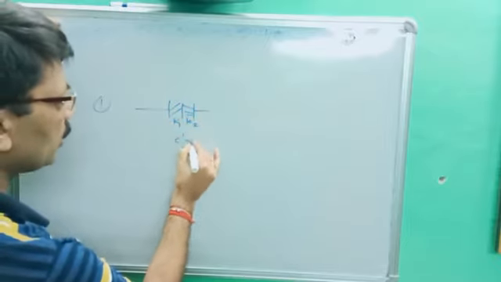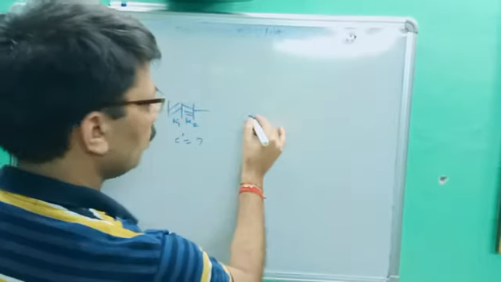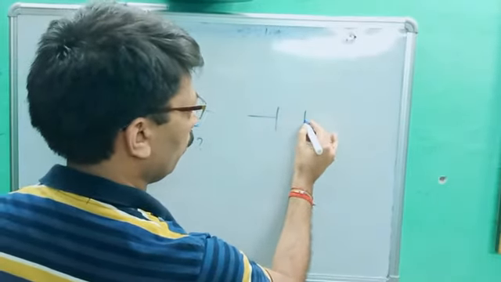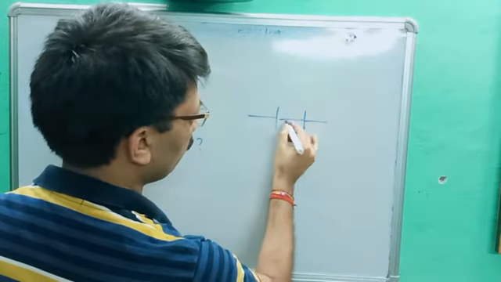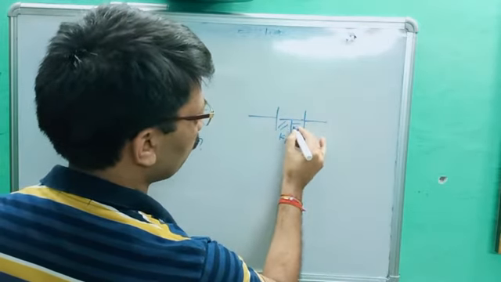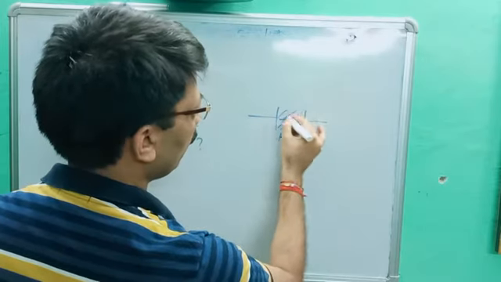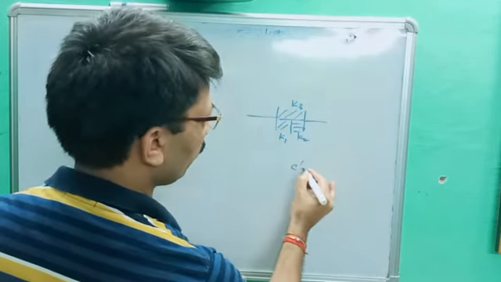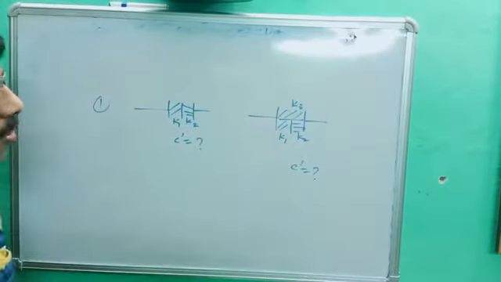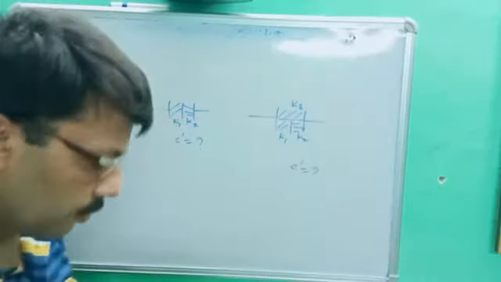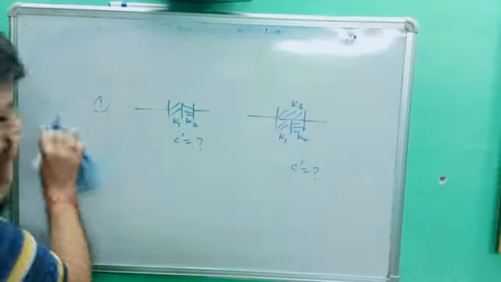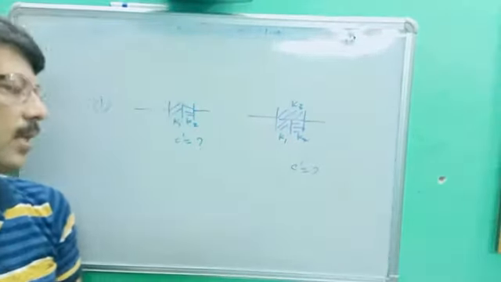What will be C dash? You have to find out. Next, you cut from here: K1 that much, K2 that much, and K3, and you find the formula for C dash. So this is the homework for you. You can do it the same way I taught. So this is all about the combination of parallel plate capacitors in different ways.